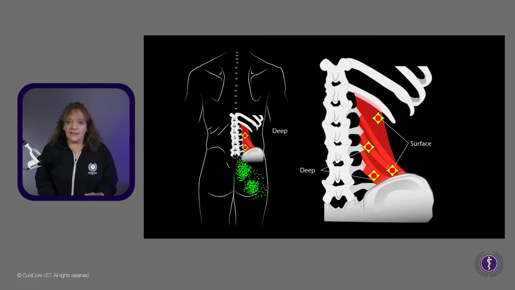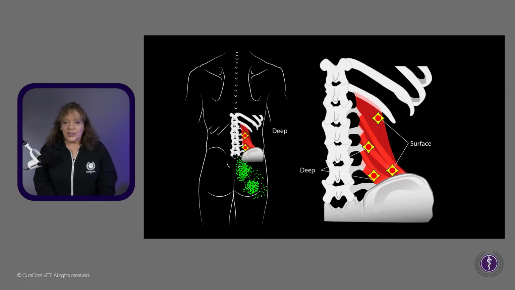But other things, and you see in Travell and Simons, there's a whole chapter just on the quadratus lumborum. It's also called the joker of low back pain. And so when I had on my title slide, the quadratus lumborum quietly causing lumbago, lumbago is an old term for lumbar back pain, or lumbalgia, we could also say.